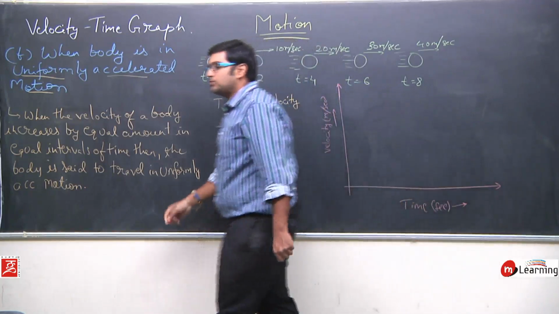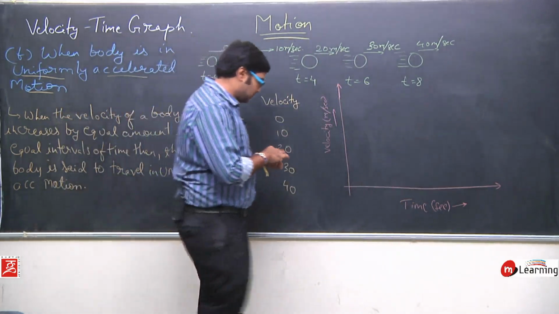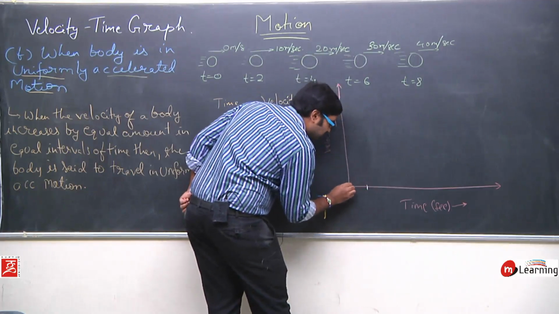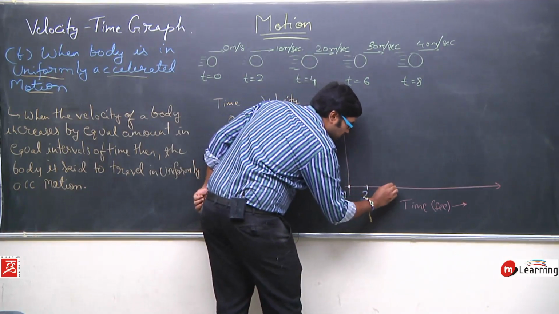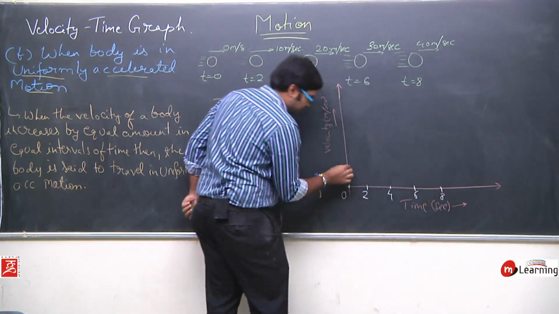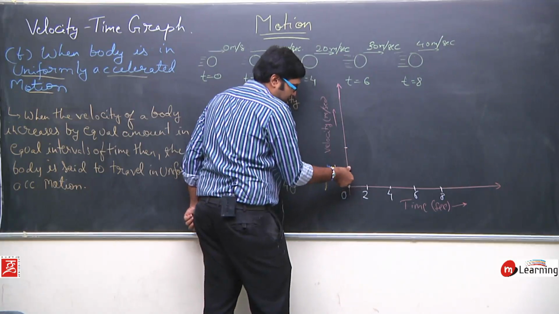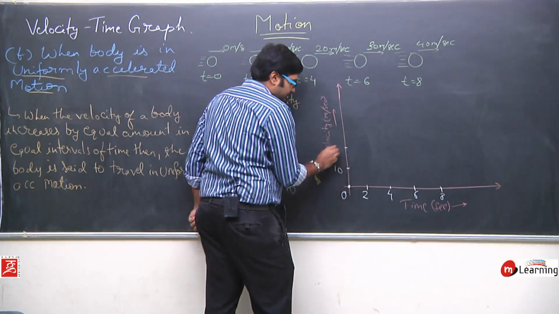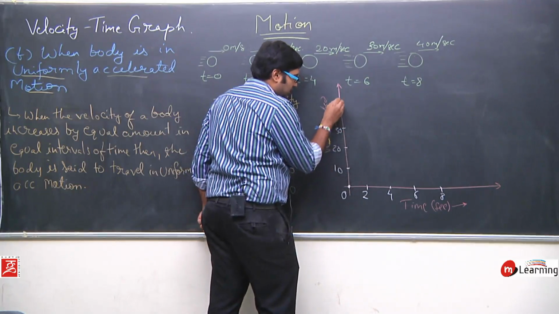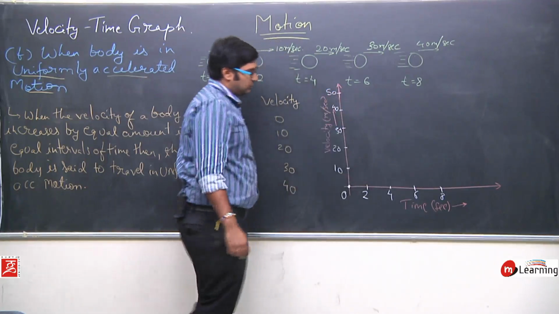So let's mark the points. This is 0, this is 2, 4, 6 and 8, and on the velocity axis this is 10, 20, 30, 40, and 50, and so on, it will go on increasing.